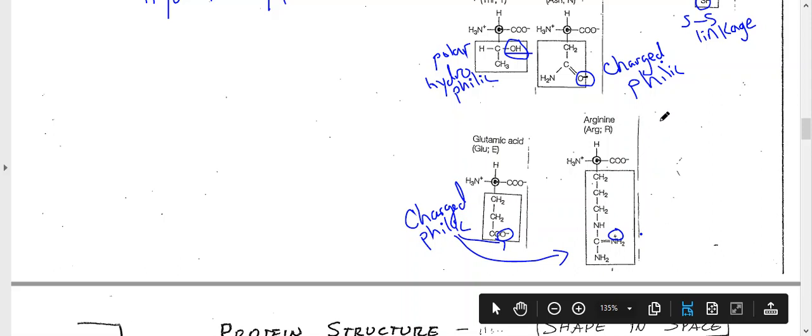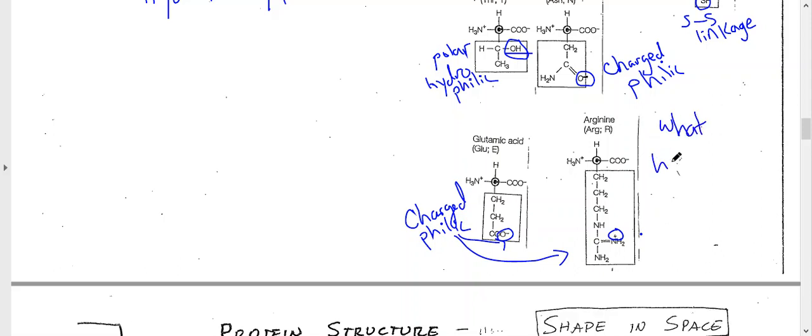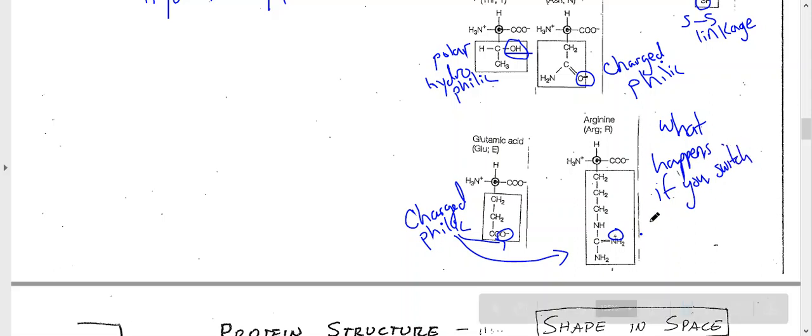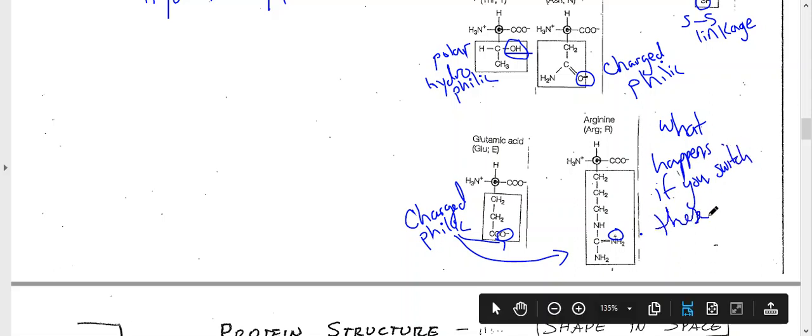What happens, and this is the key thing, what happens when you switch R groups out? You need to know the effect of this on the overall protein. So what happens if you switch these out with each other?